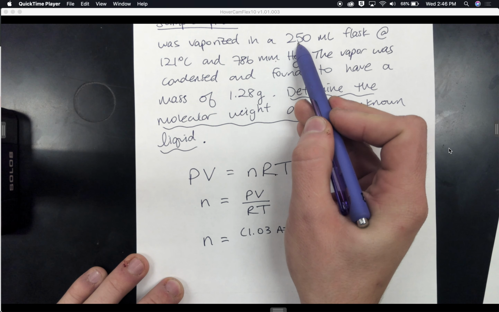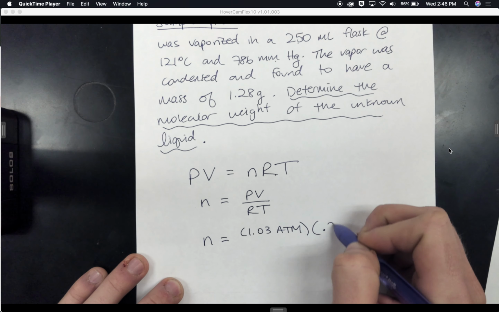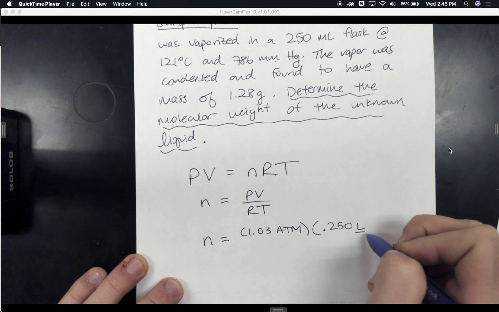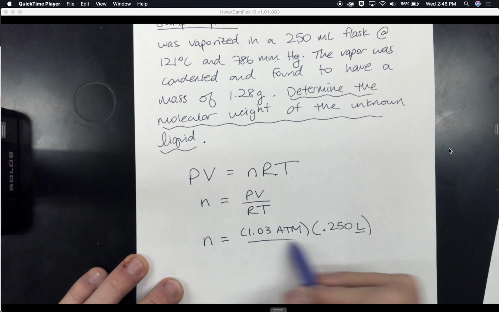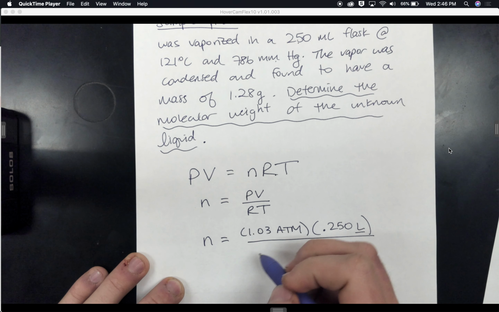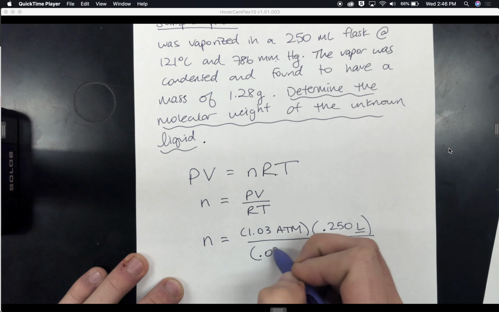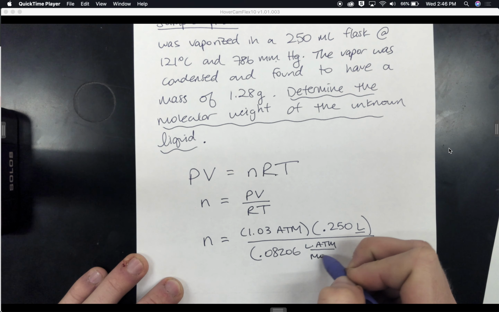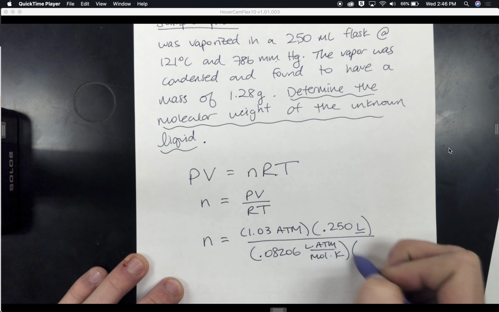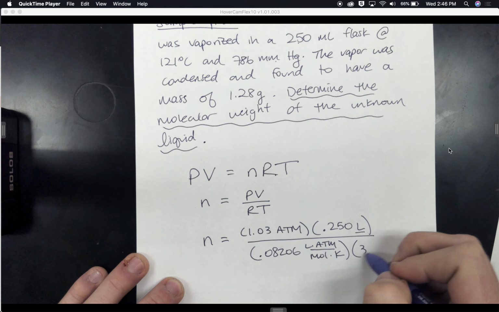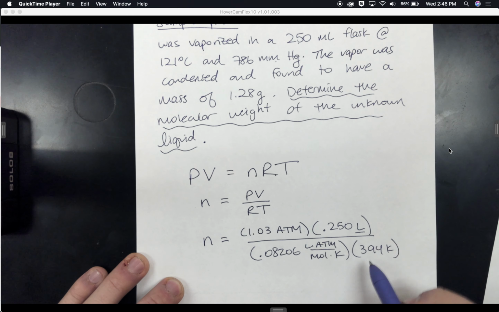We want that in liters, so 0.250 liters. We're going to divide by R, 0.08206 liters times atmospheres over moles times Kelvin. And then finally our temperature, 394 Kelvin. Remember, this is the same as this after we convert to Kelvin.